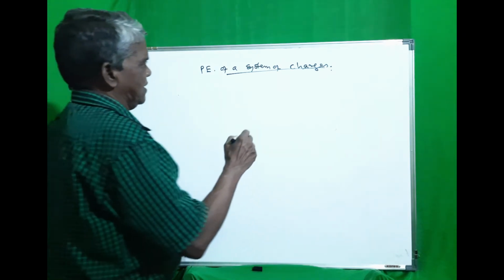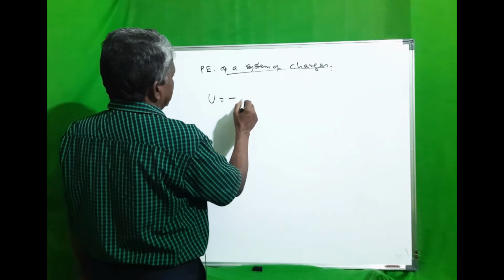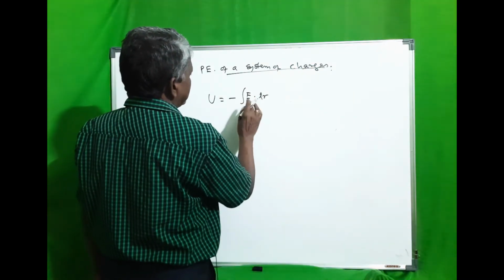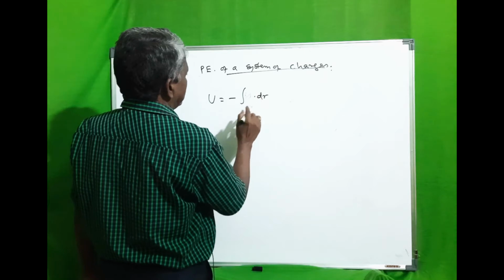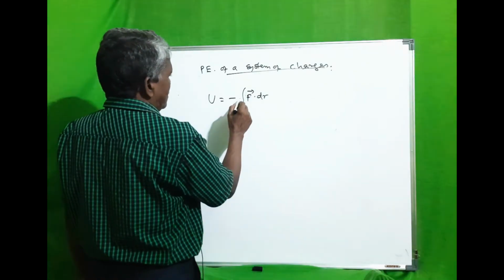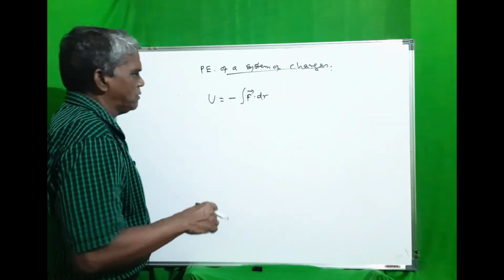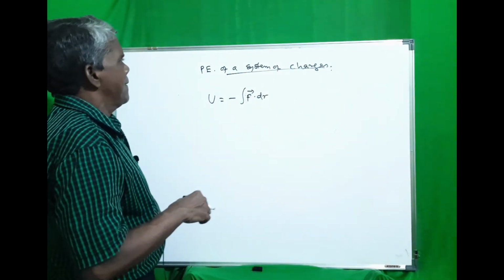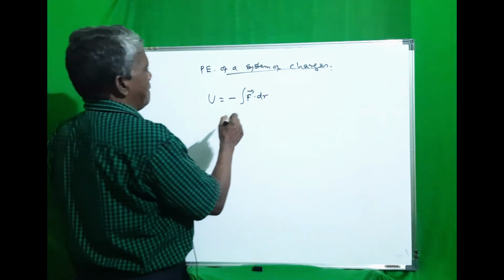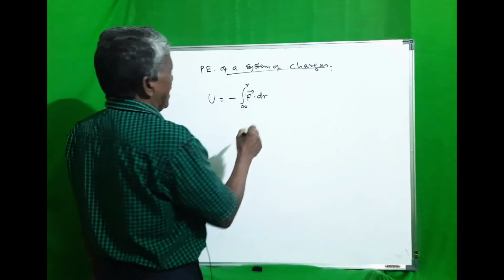In earlier classes, we have read that U is equal to minus E dot dr. That is, moving charge q when motion is from infinity to any position r.